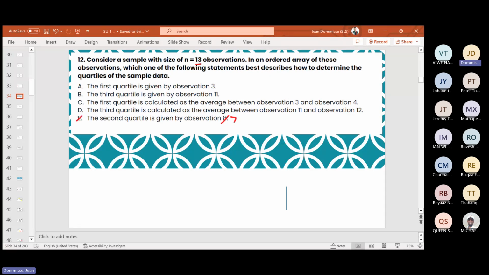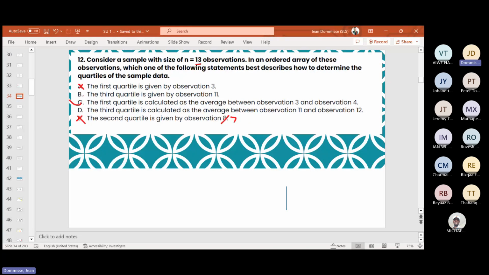If we look at the first quartile being given by observation 3, not really, because when you work it out, 13 plus 1 is 14 divided by 4 gives you 3.5. So it's actually between observation 3 and 4. So it would have been that one.